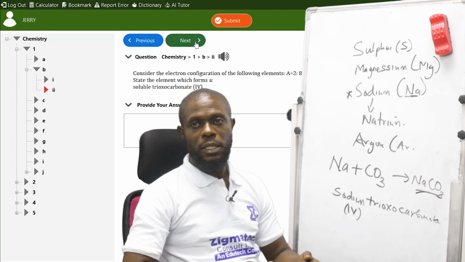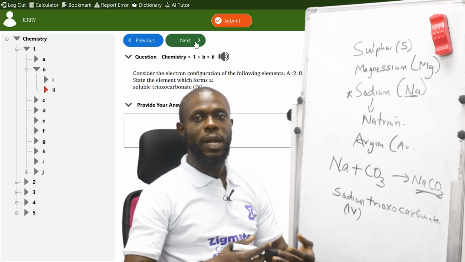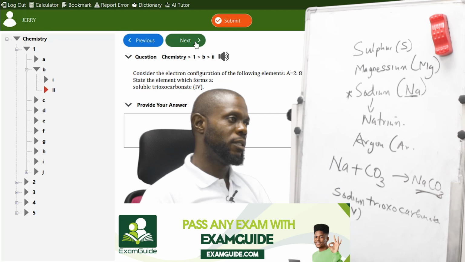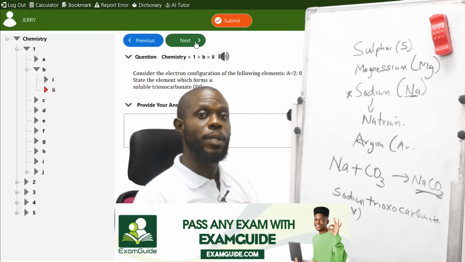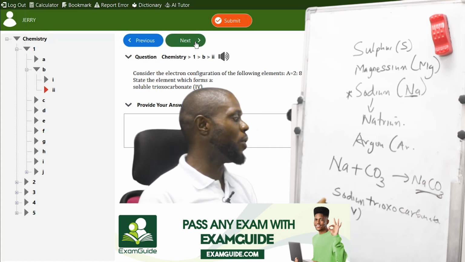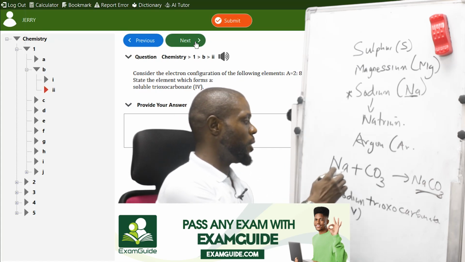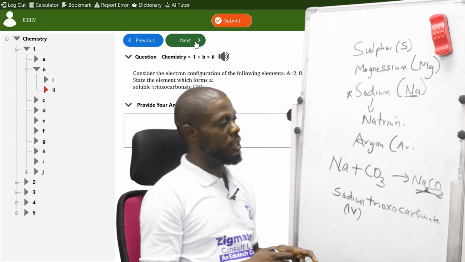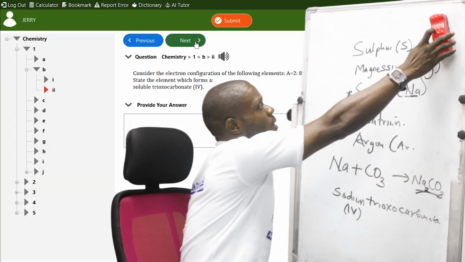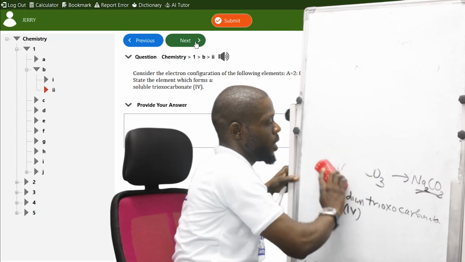So the correct answer is sodium trioxocarbonate. Sodium trioxocarbonate or sodium trioxocarbonate 4 are the same thing. All right, so it's Na2SCO3. So that is the correct answer, sodium trioxocarbonate 4.